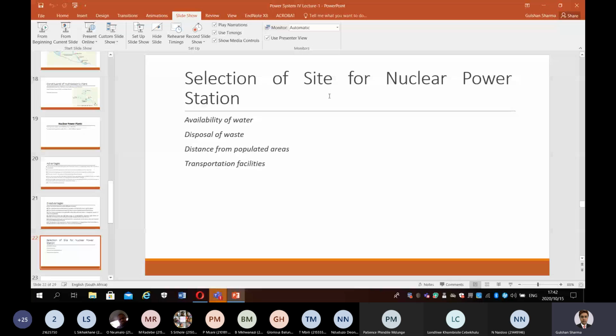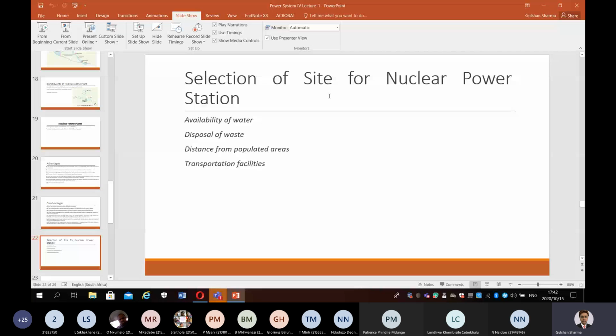The second thing is disposal of waste. Now you see, guys, this is a very important point. It needs to be considered when you install any nuclear power plant, because the waste produced by fission in a nuclear power station is generally radioactive, and it must be disposed of properly to avoid any health hazards.